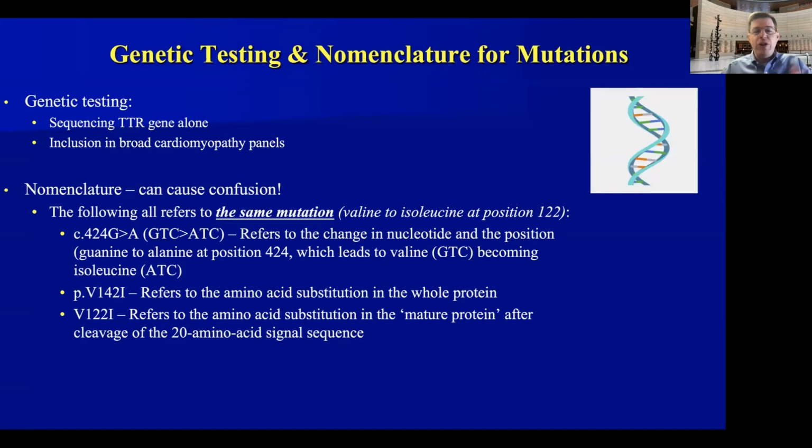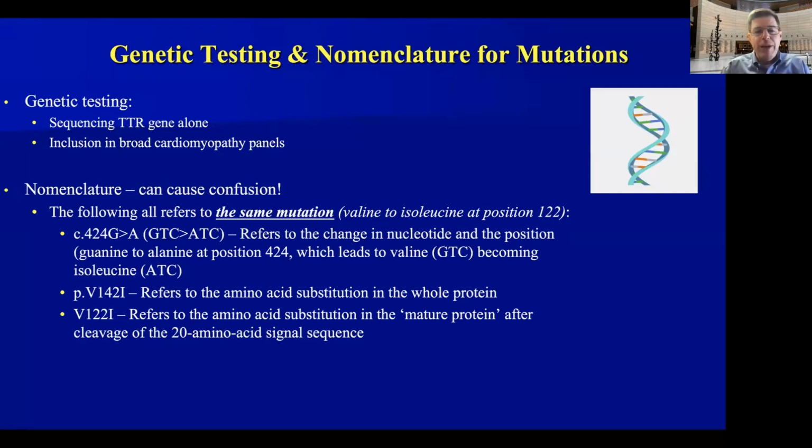Now, when you get the nomenclature back, it might come back as wild type, or it might show a mutation. And if it shows a mutation, it can refer to it in any of 3 different forms. So I've listed on this slide 3 different ways of referring to the exact same mutation, which is the most common mutation in the United States, a valine to isoleucine mutation at position 122.